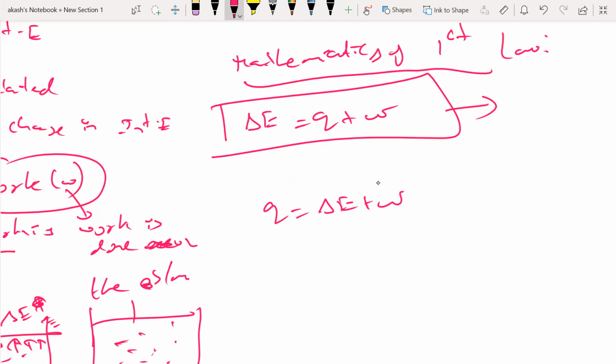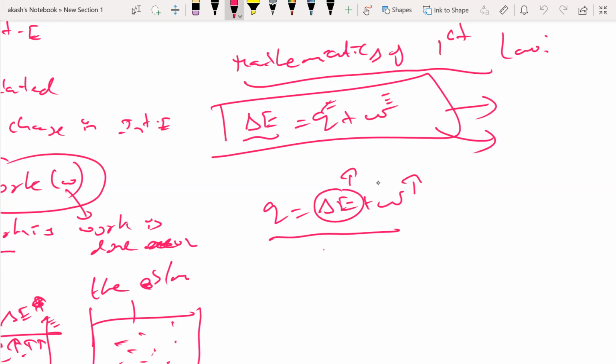You can ask, sir, what is happening? The signs are not changing. If Q is going here and this is coming here, there I should have a negative sign coming. It is all about how you perceive it. What we can understand is that delta E can be changed either by changing the amount of heat or by doing some work. The amount of heat given to a system can be used either for increasing the internal energy or for making the system do some work.